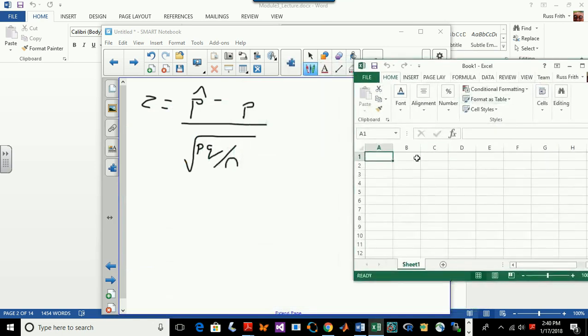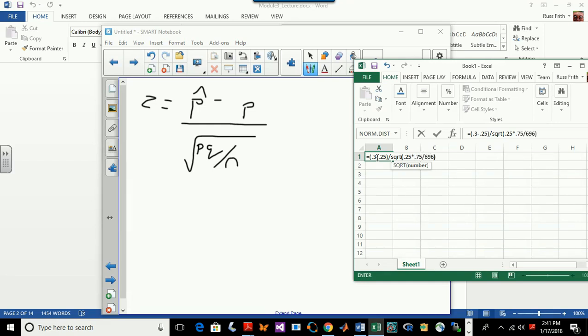To do this in Excel, you click in a cell and type equals. In your numerator, your sample proportion was 0.3 and your population proportion was 0.25. Then you divide that by the square root of P, which is 0.25, times Q, which is 1 minus 0.25, that's 0.75, divided by the sample size, which was 696.